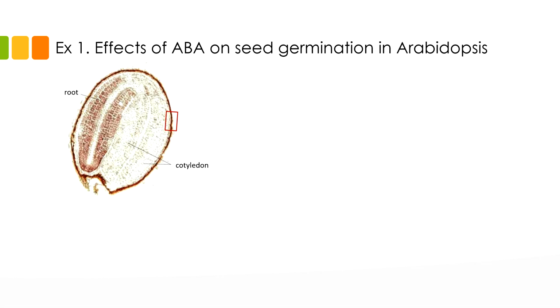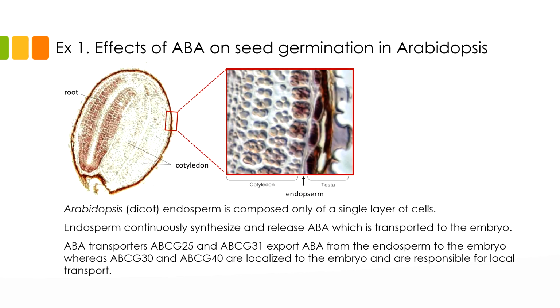Let's now look at how ABA affects seed germination in Arabidopsis seeds. From previous lessons, you already know that Arabidopsis endosperm is composed only of a single layer of cells. This single layer of cells continuously synthesizes and releases ABA, which is transported to the embryo by the ABA transporters.